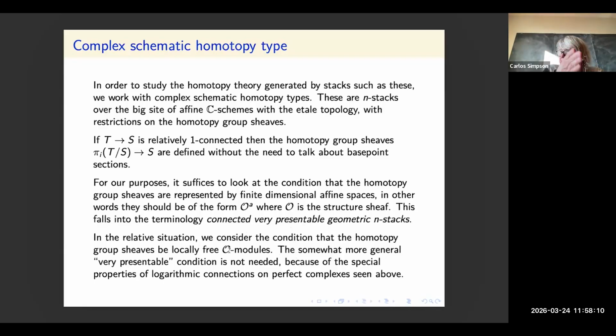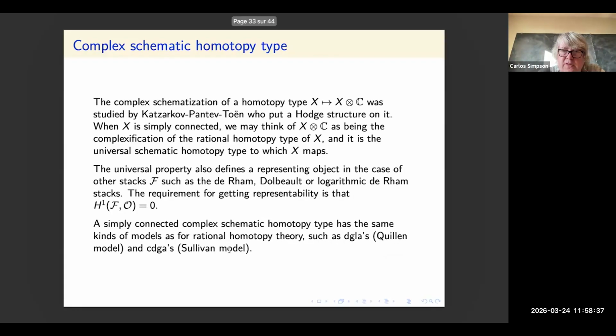So even relatively speaking, we're talking about things which are relatively one-connected, but then over the base, there's going to be a sheaf kind of operation, in which in principle the dimensions of these things could jump, and that's this very presentable thing. But in our case, for the reasons about the nilpotent logarithmic connections that we saw before, it turns out that you don't actually have this jumping situation.